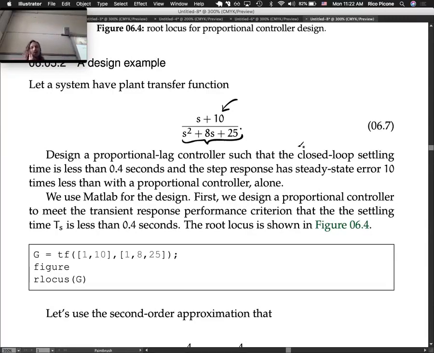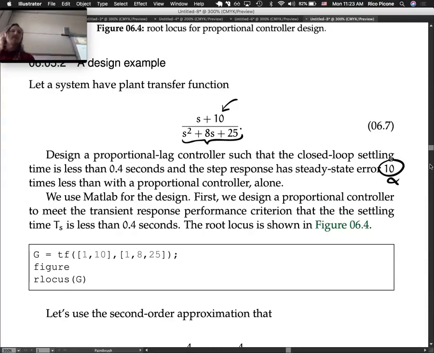Design a proportional lag controller such that the closed loop settling time is less than 0.4 seconds. That's a transient response requirement, right? And the step response has steady state error 10 times less than with the proportional controller alone. So I just kind of gave us alpha, right? This is going to be our alpha.